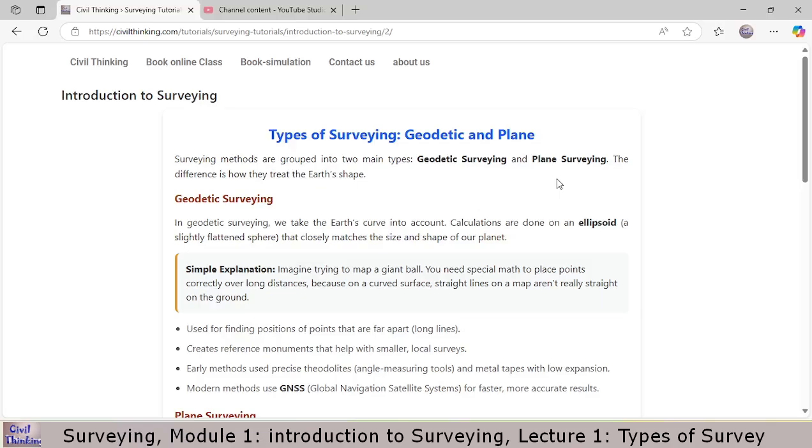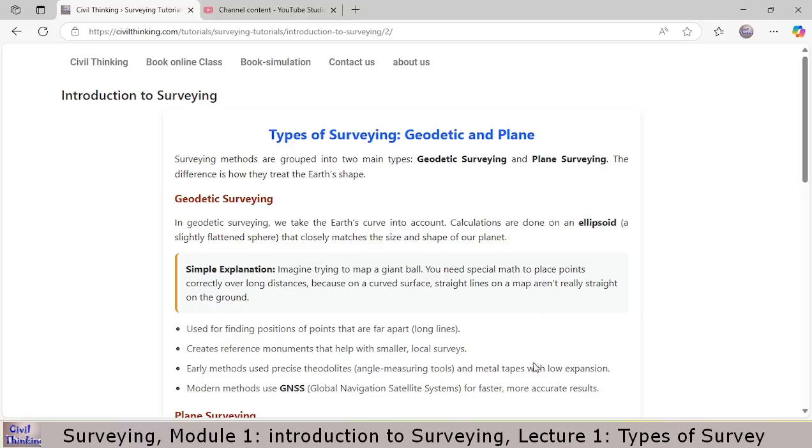Since we assume that the earth is flat, there is not much error in the calculations if the area is small. For smaller areas we can consider this, but if you have a large major survey, we have to consider the curvature of the earth, so we will carry out geodetic survey.